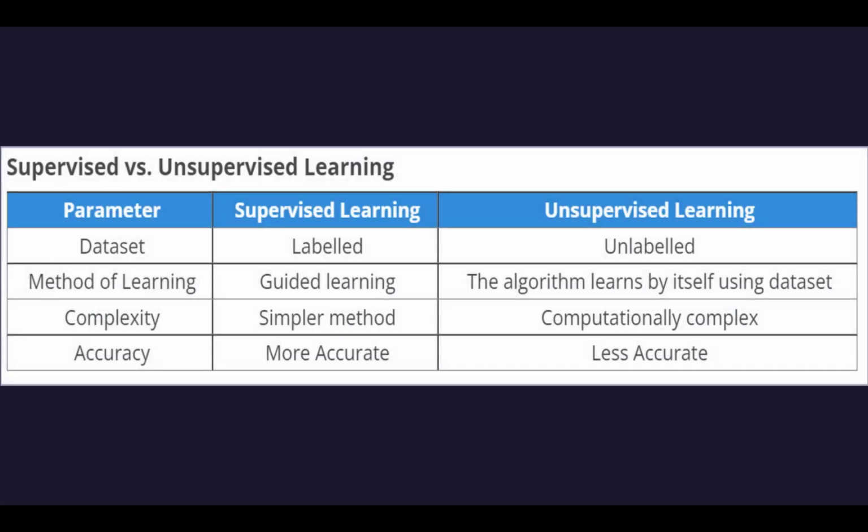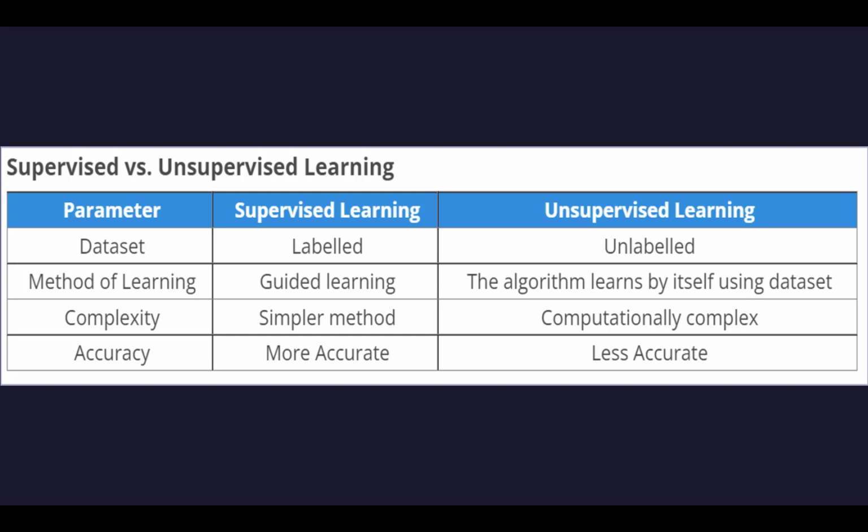And here I want to provide an overview, that bigger picture comparison between supervised and unsupervised learning. For data sets, you have a labeled data set for your supervised learning and a completely unlabeled data set for unsupervised learning. The method you're using for supervised learning is guided learning.